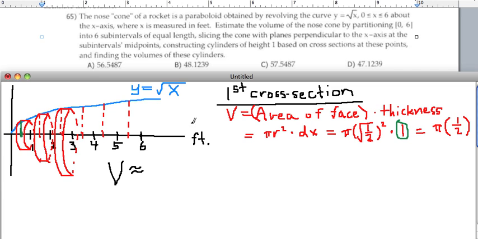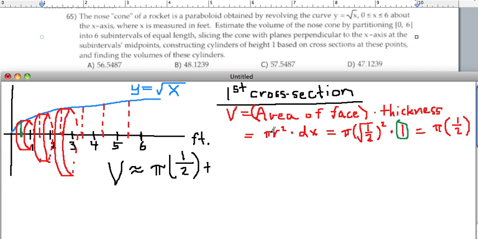All right, so that really makes it easy to find the approximation for the total volume. I'll give you the pattern, you can do the rest. The volume of the first cross section is pi times 1/2. We're going to add to that the volume of the second cross section. So here's a little rationale. The thickness of each of these cross-section slices is always going to be 1.